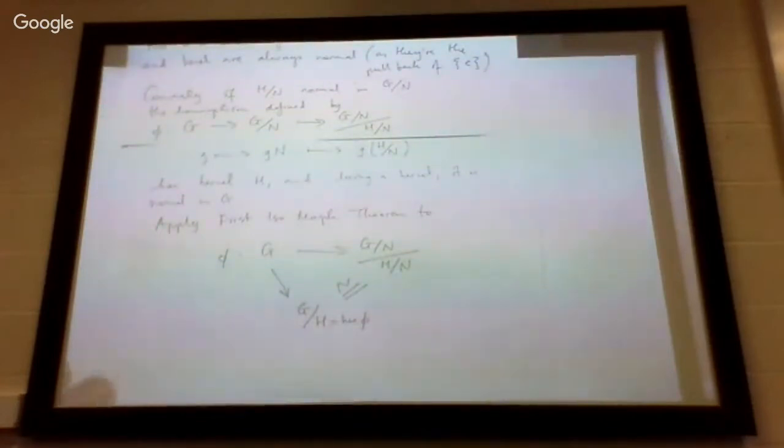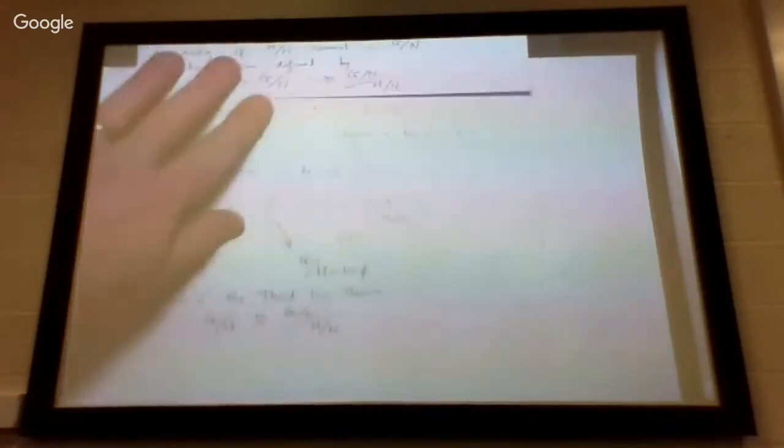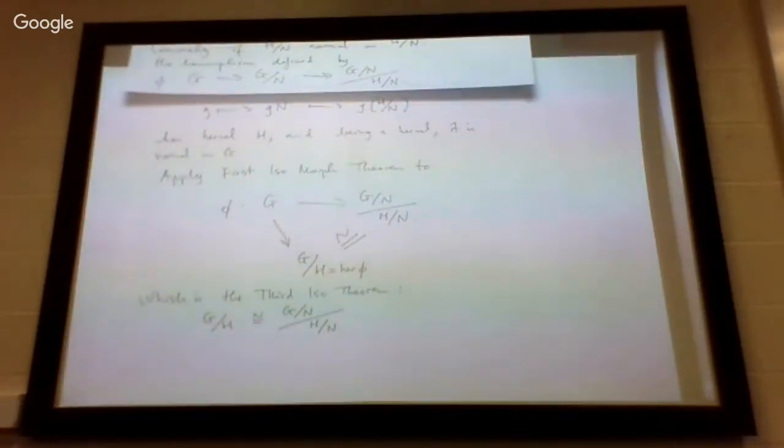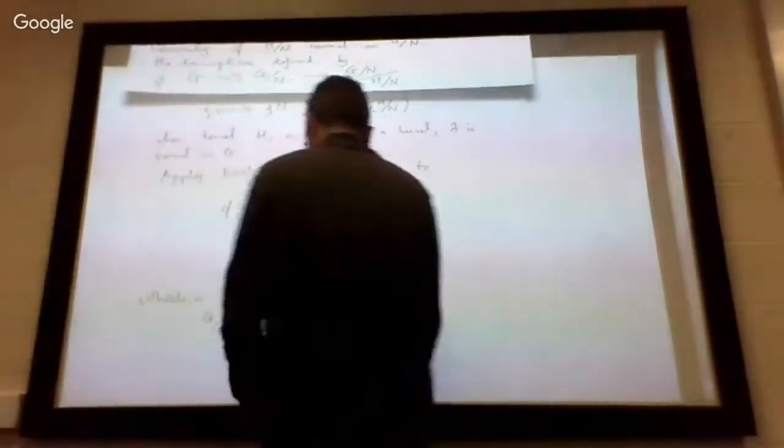And that is the third isomorphism theorem: G mod H is isomorphic to G mod n mod H mod n. This is the kind of thing you expect, like fractions.